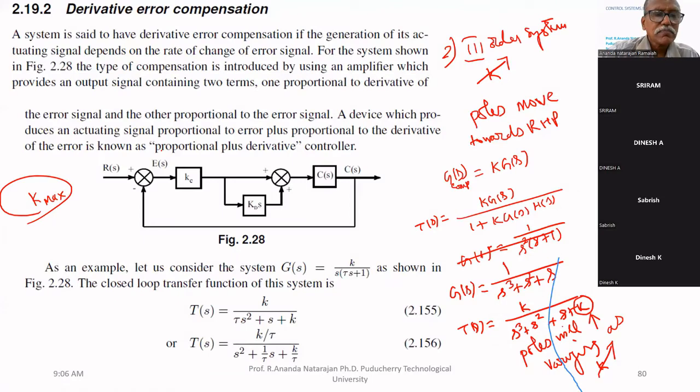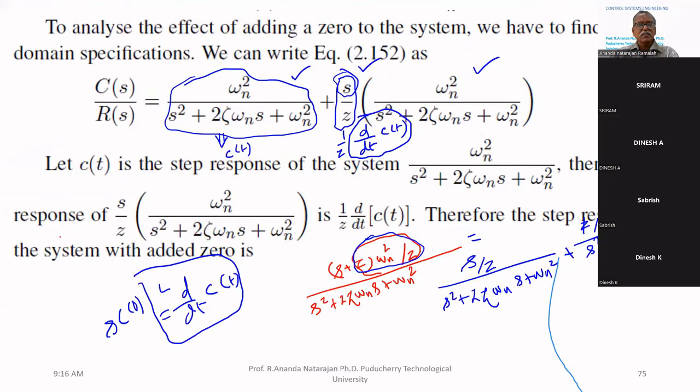Today we are going to see the compensation. Here, derivative error compensation is already we have seen addition of zero. Adding a zero to the system, what will happen? That we have already seen.